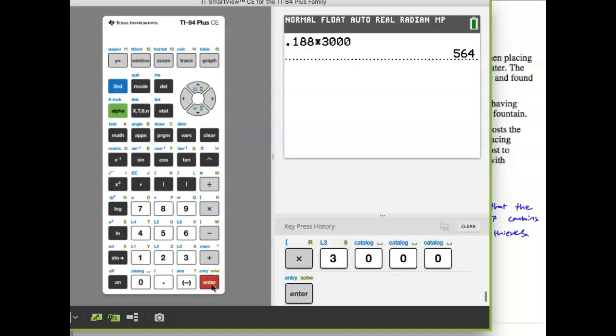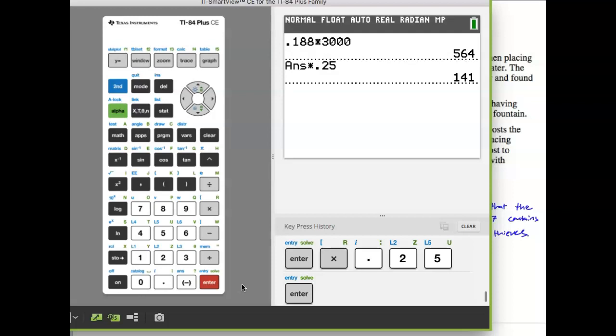So that's 564 of those customers are stealing soda. And this manager said it costs them 25 cents per customer who does that. So if we multiply that by 25 cents, that translates to $141, right?